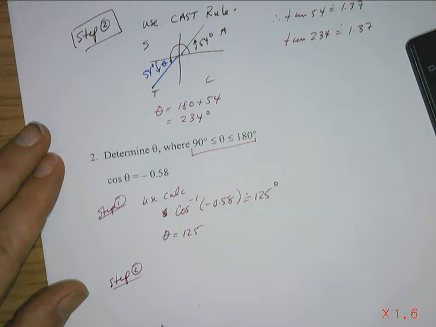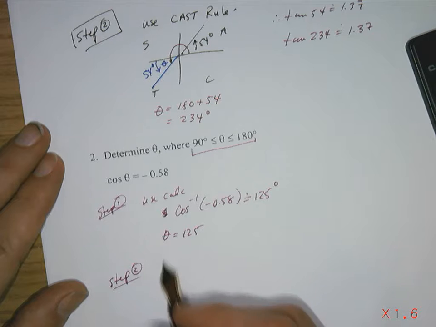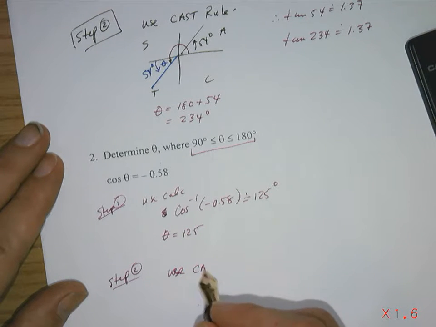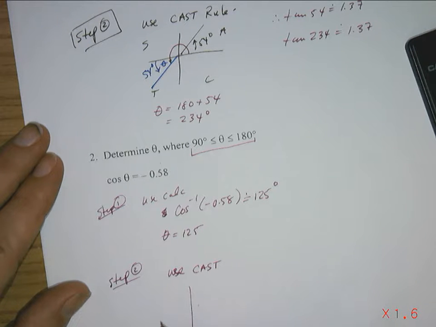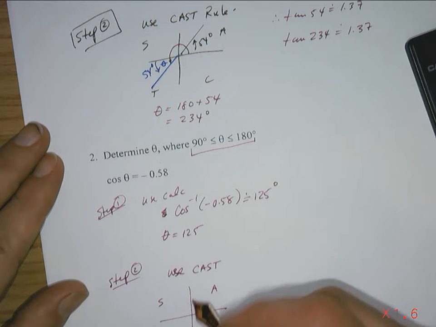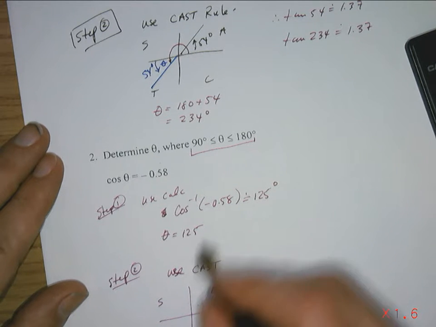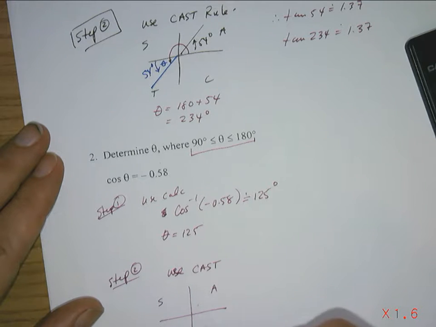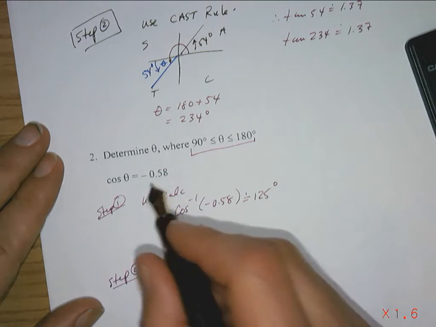We're going to use CAST. C A S T. So we know that the other place where my first answer is 125. Oh, not positive. It's where else is cosine going to be negative.